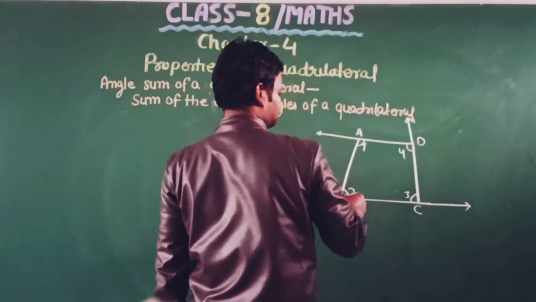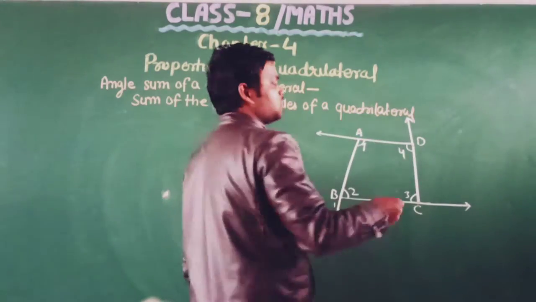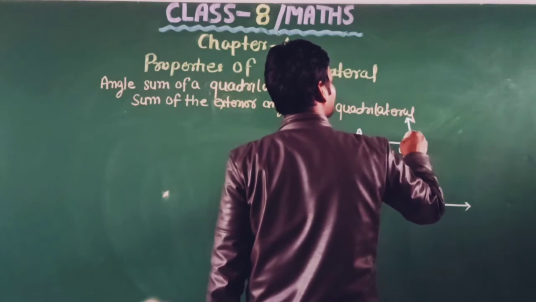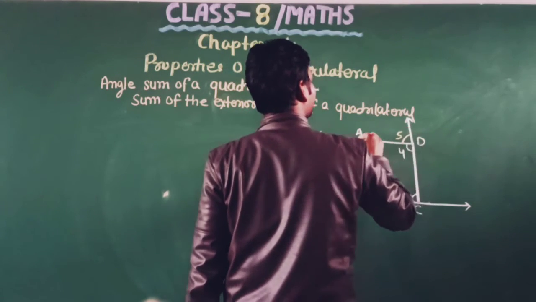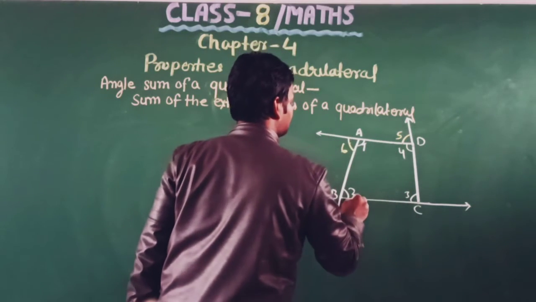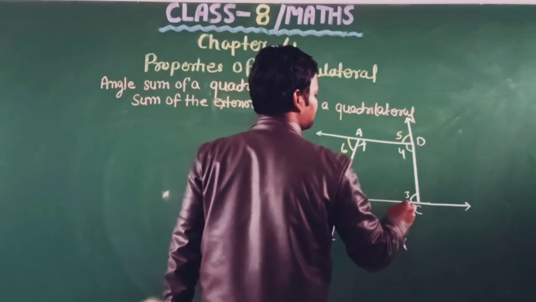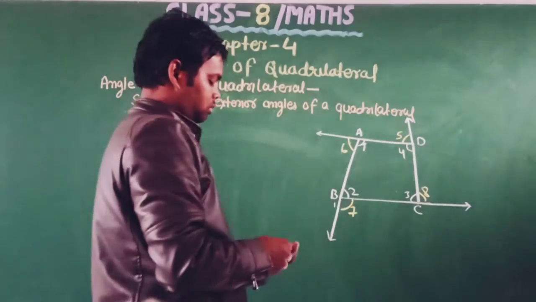And here these are the exterior angles of the quadrilateral. Suppose this would be 5, this is 6, this is 7 and this is 8.